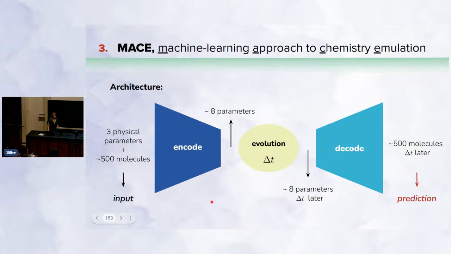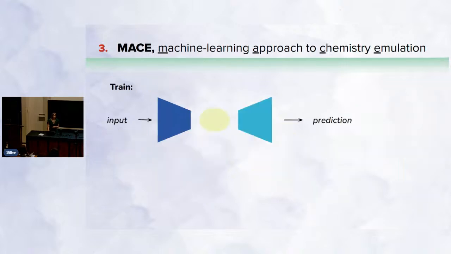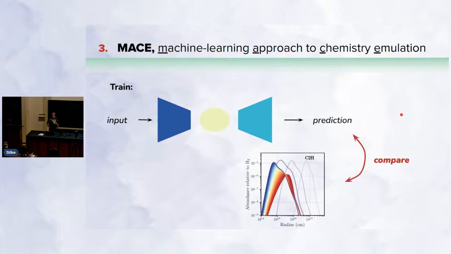Now, it's a very nice theory if I tell you it like this, but of course, it only works when we train it. So how does this work? We have our architecture, we can give an input to the architecture, it gives us a prediction, and we need to then compare the prediction to our classical models that I've shown you before in order to see if the architecture works. Of course, if we only show it one prediction, it won't work, so we'll just give it a lot of inputs.